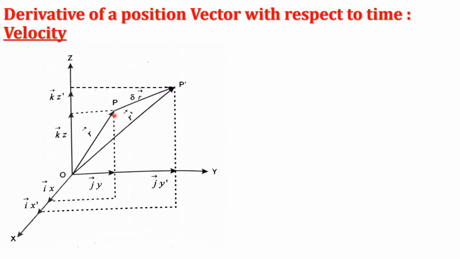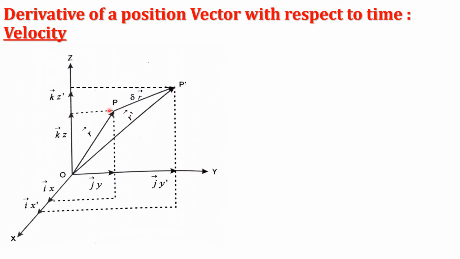Therefore, its components along the x, y and z axes are ix, jy and kz, where i is the unit vector along the x-axis, j along the y-axis and k along the z-axis. These are the unit vectors along the x, y, z axes.